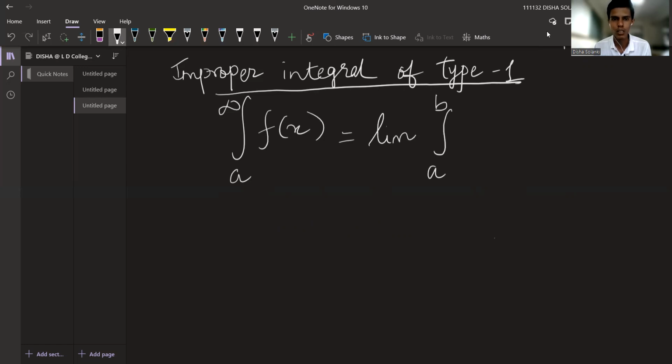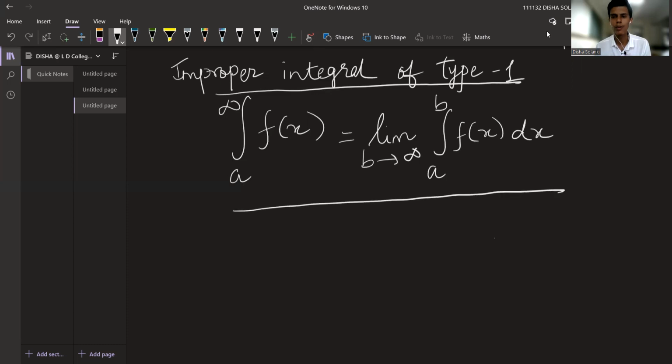We have chosen a number which is very near to infinity, which is finite. We have not gone to infinity, but to a finite number. Now this b would be tending to infinity. So this is the limit as b tends to infinity of the integral from a to b of f of x dx. This is the basic formula, or the concept, of type 1 improper integral. What is type 1 improper integral? The infinity would be in the upper limit.